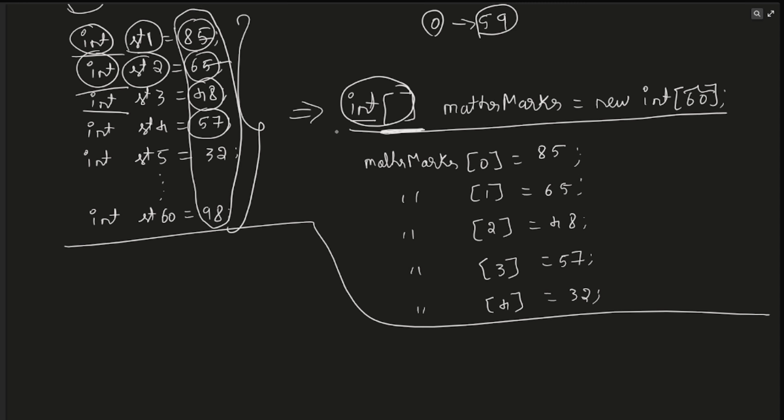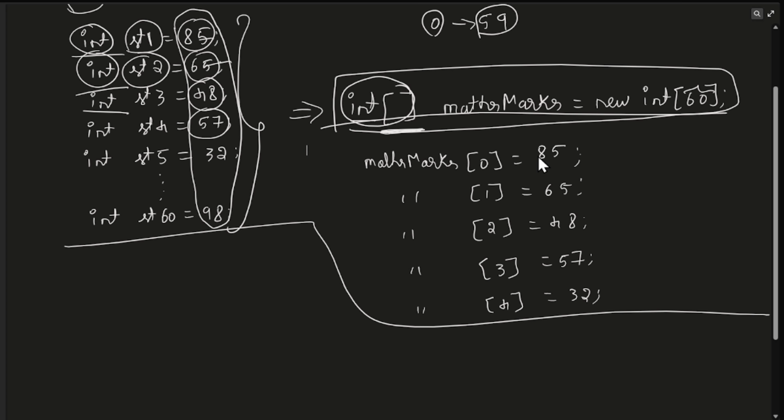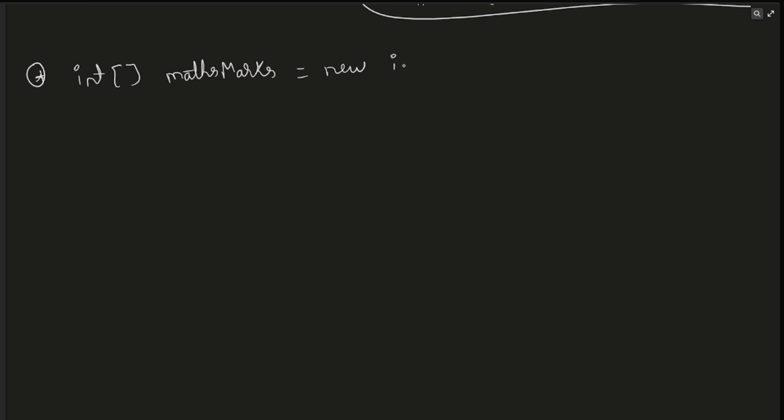Now let us see how this int maths marks with size 60 is stored in stack and heap. I'll just write the same line again: int maths marks equals new int of 60. This new keyword is used to create an object in the heap, and these things we'll be learning in our Java OOPs concept.